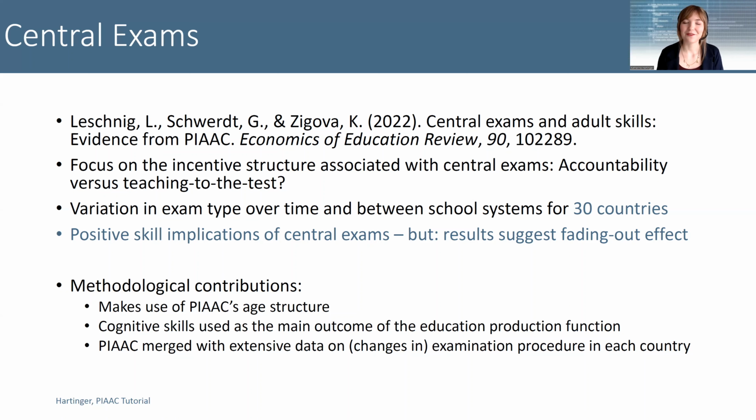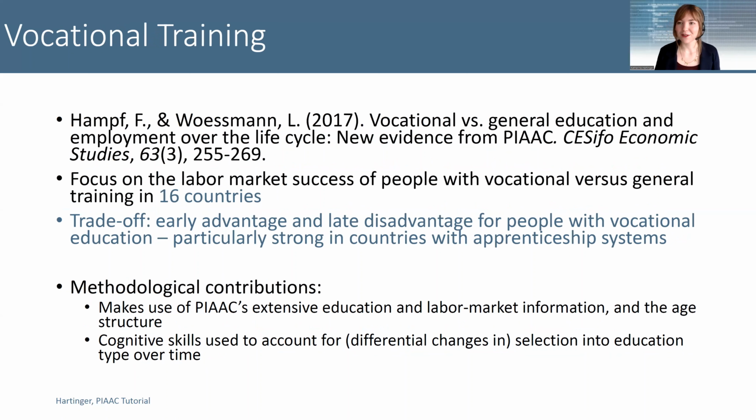Again, this paper is making great use of PIAAC's age structure. And cognitive skills are once again used as the main outcome of the education production function. If we contrast that with the previous paper, we will see that many papers use cognitive skills as a key outcome or explanatory variable. On the other hand, though, the Hanf and Westman paper uses cognitive skills to describe and investigate selection into different education types.